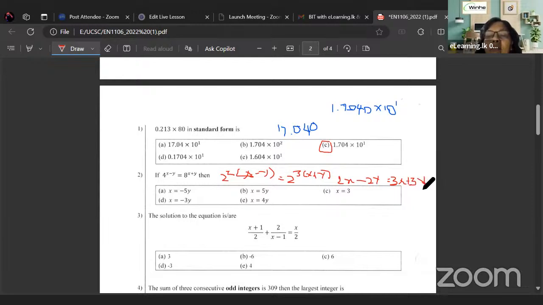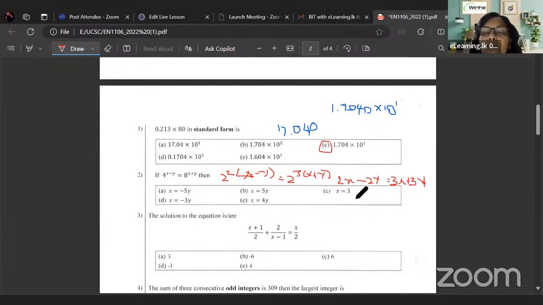So when you solve this, what will happen? When 3x comes in, you can check the answers. In every answer, x is on the left hand side. Therefore, move all x's to the left hand side.